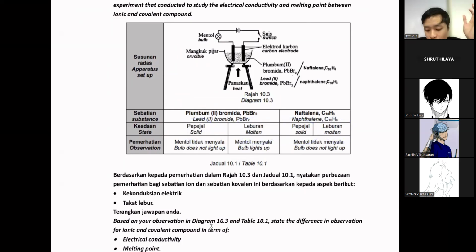So they test solid to see whether it will conduct electricity or not. Then they heat with the Bunsen burner until it becomes melted. Then you check whether the light bulb lights up. So as you can see, even the result told you already.